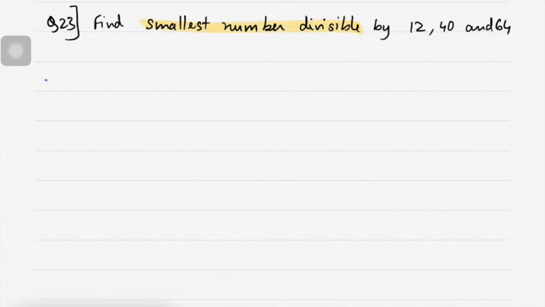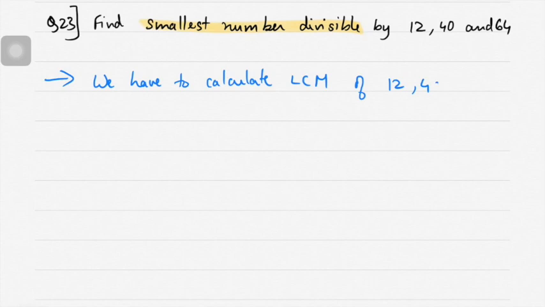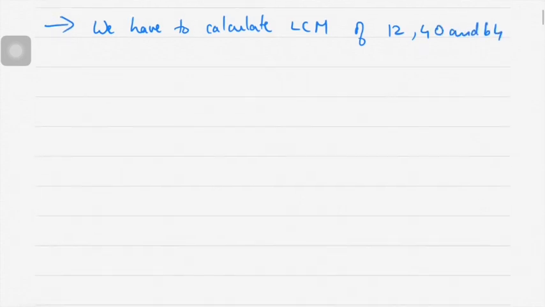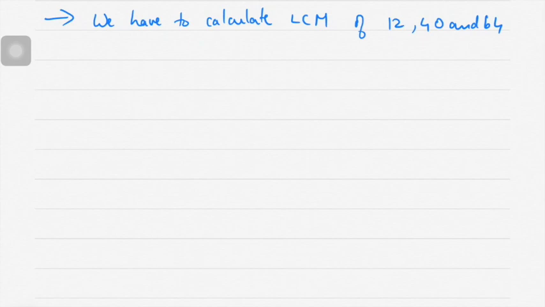So we have to calculate LCM of 12, 40 and 64. So let's calculate LCM of 12, 40 and 64.